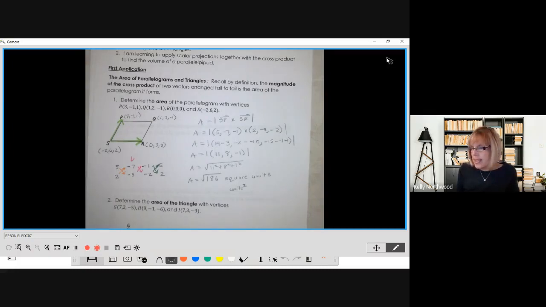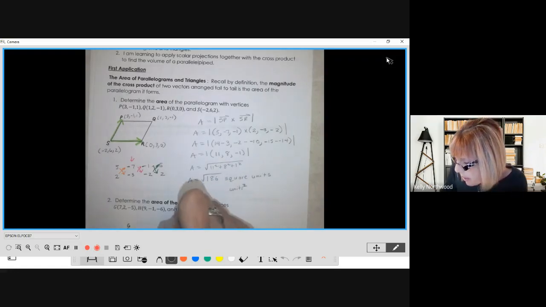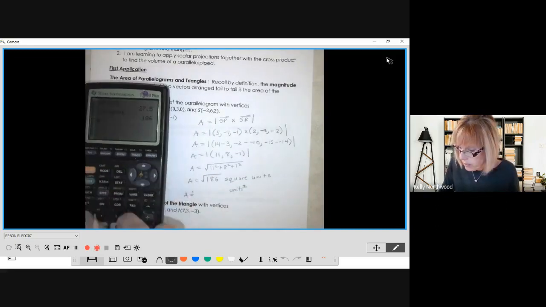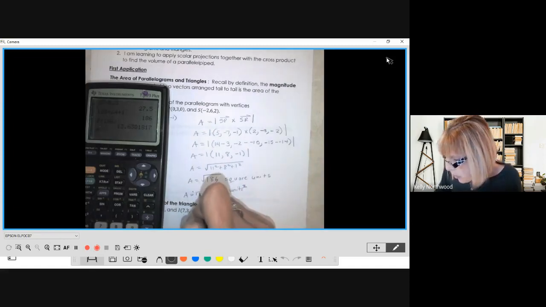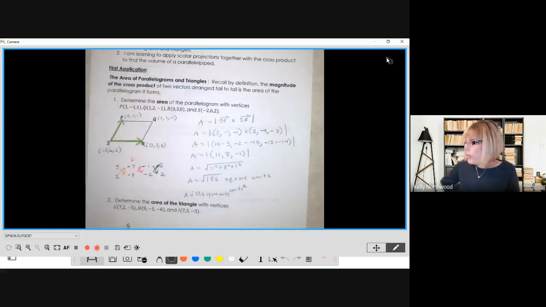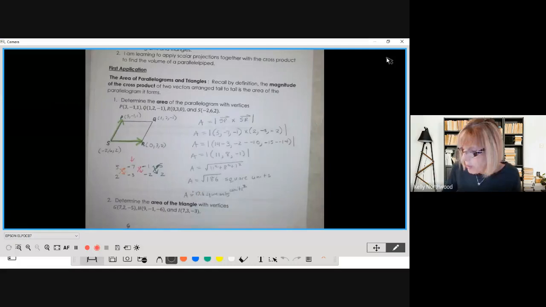And you can find it as a decimal if you want to. You could do it approximately if you want to as well. You don't have to. It's approximately 13.6 square units. If you do find it approximately, make sure you put your dot above the equals.